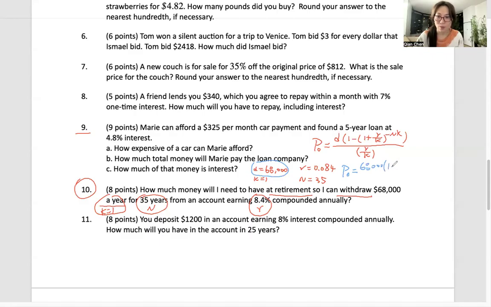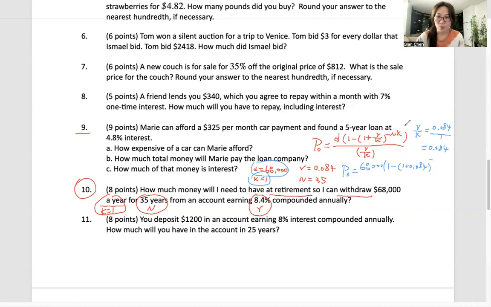Then multiply by 1 minus, well, R divided by K. K is 1, so anything divided by 1 is itself. So 1 minus 1 plus 0.084, because R divided by K equals 0.084 divided by 1, which is just 0.084.